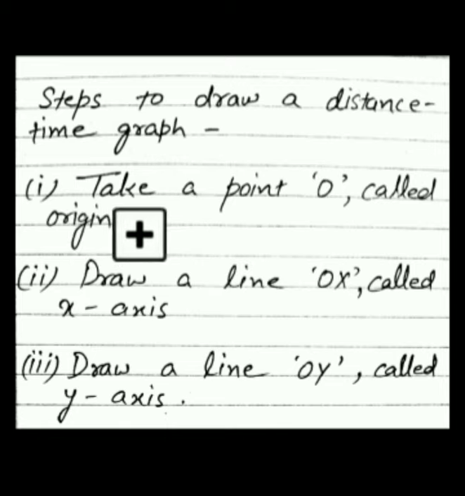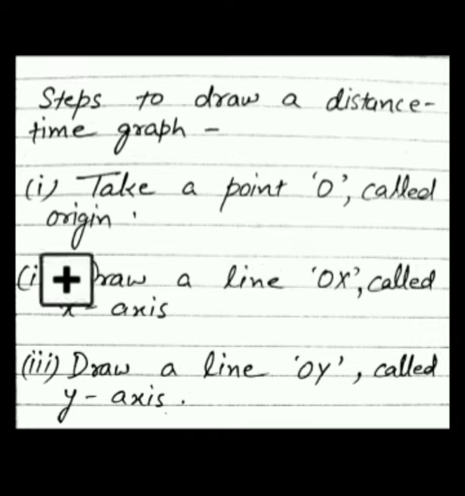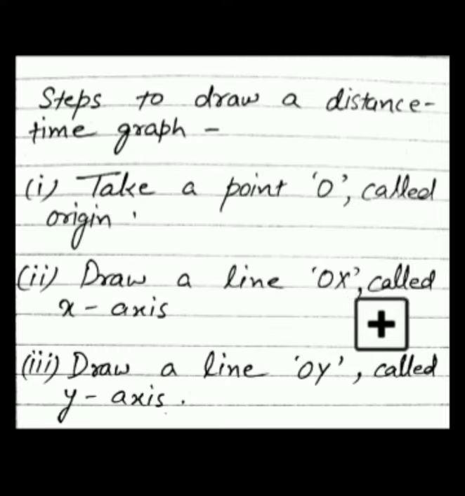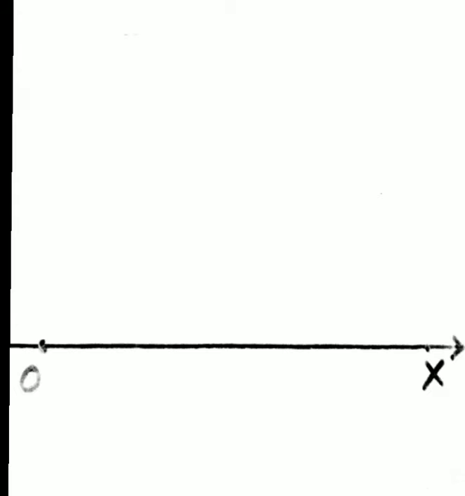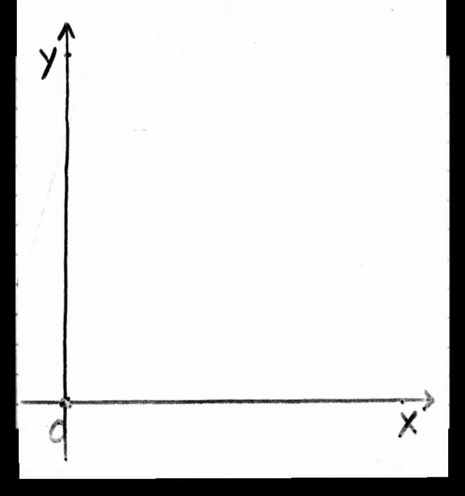Students, first take a point O called origin. So you have to take a point as origin first, then draw a line OX called the x-axis. As a third step, you have to draw a line OY which is called the y-axis.